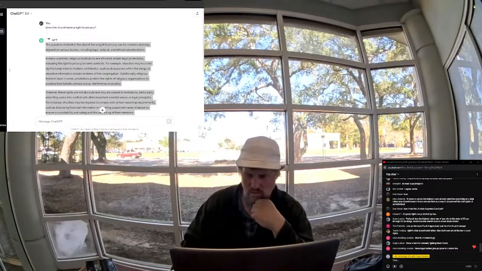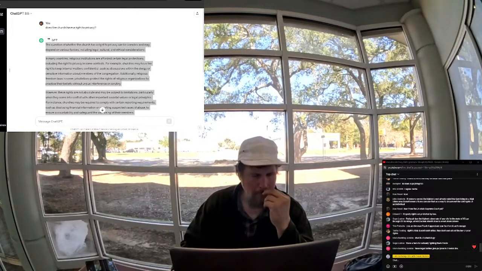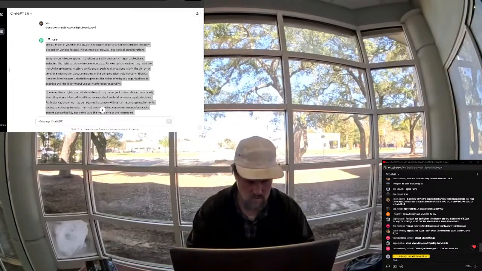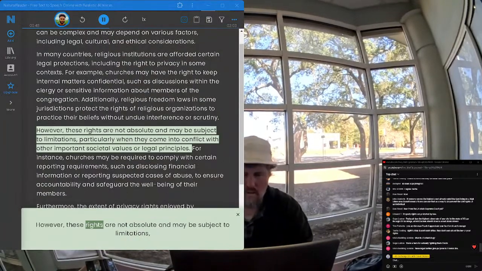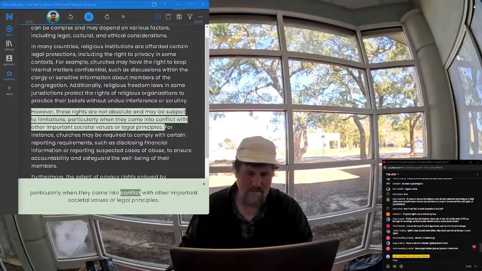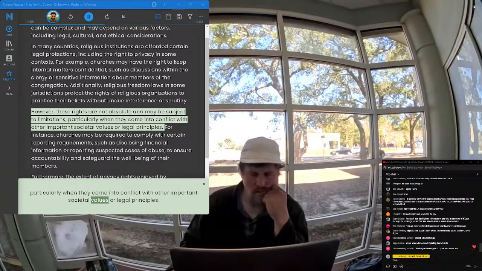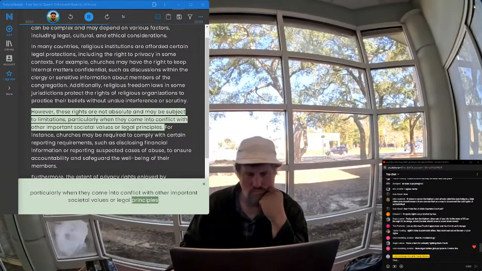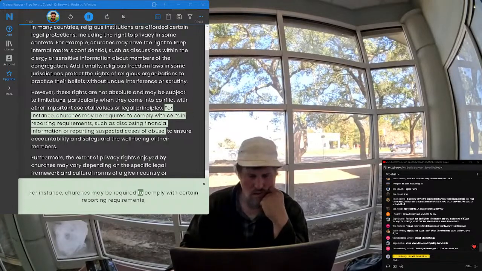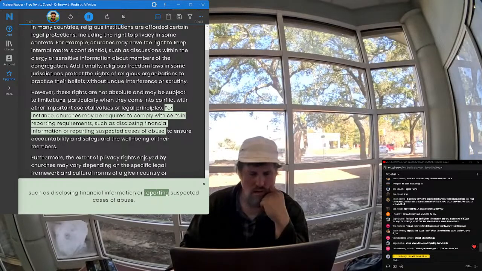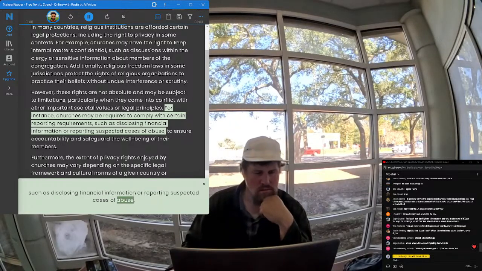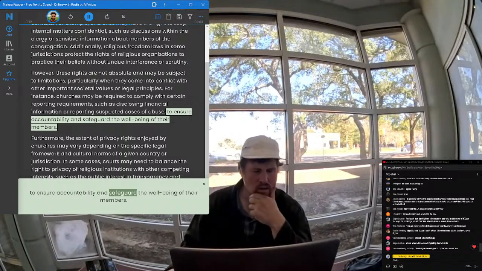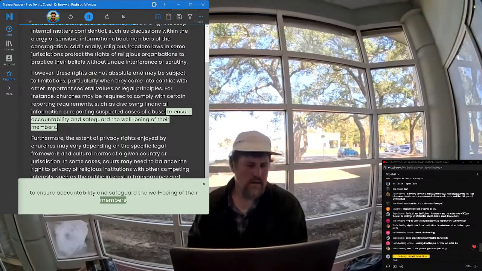Additionally, religious freedom laws in some jurisdictions protect the rights of religious organizations to practice their beliefs without undue interference or scrutiny. However, these rights are not absolute and may be subject to limitations, particularly when they come into conflict with other important societal values or legal principles. For instance, churches may be required to comply with certain reporting requirements, such as disclosing financial information or reporting suspected cases of abuse, to ensure accountability and safeguard the well-being of their members.